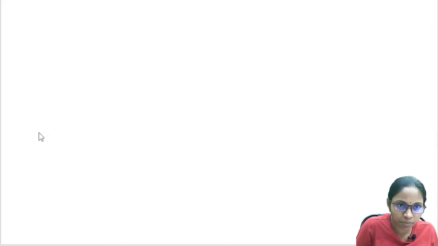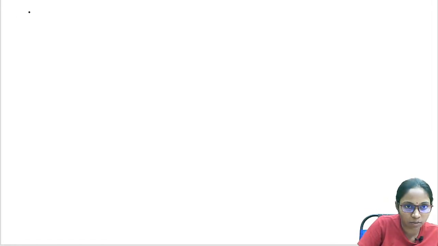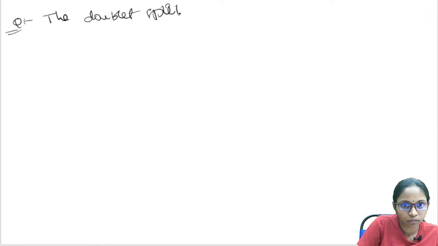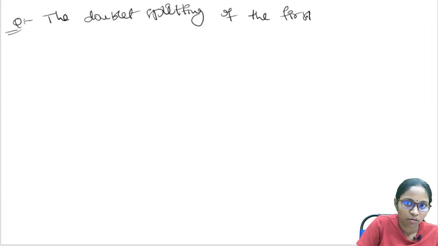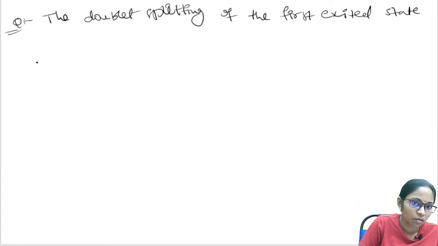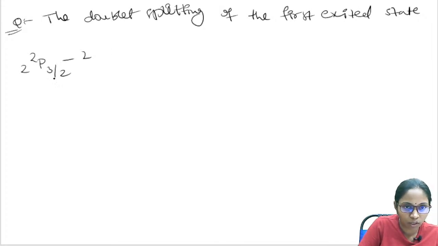The doublet splitting of the first excited state of 2p3/2 to 2p1/2.